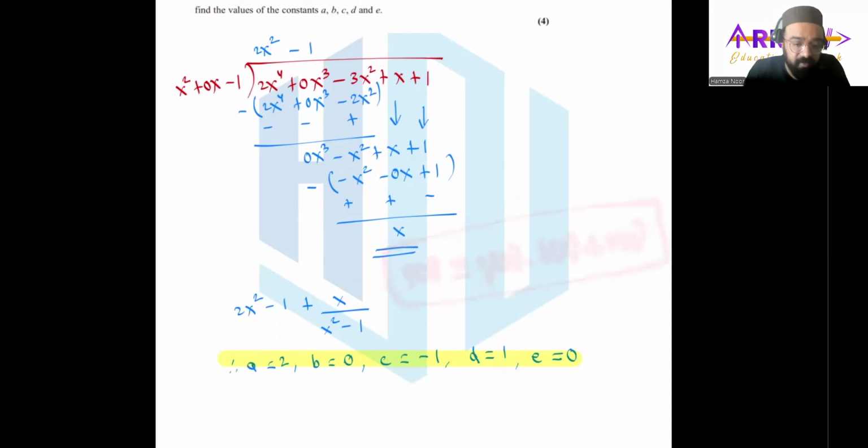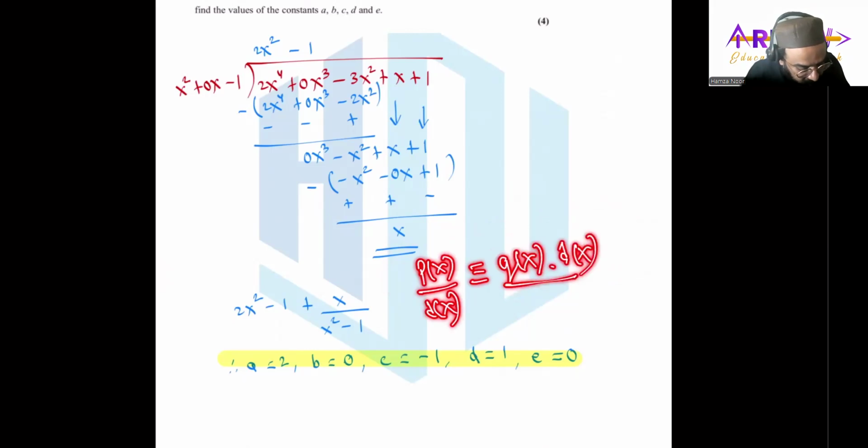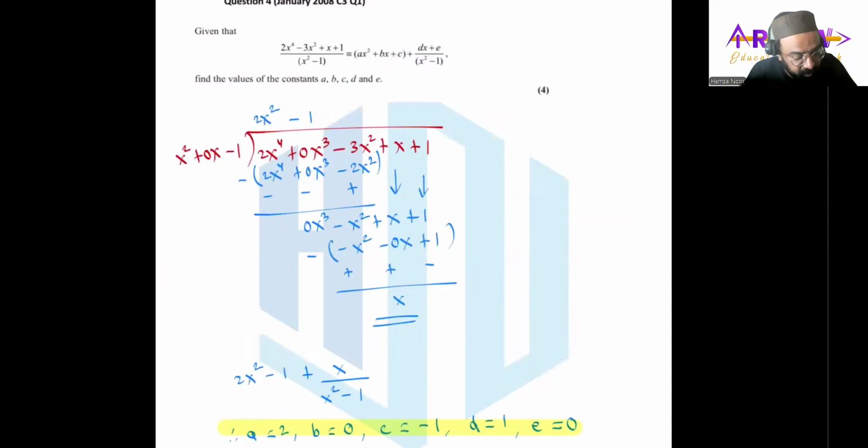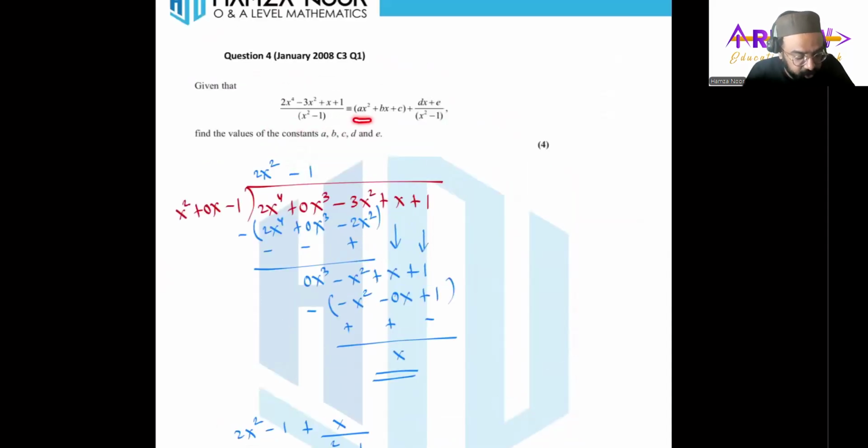So by multiplying 1 over divisor, this will become p(x) over d(x), which will be identical to q(x) multiplied by d(x) divided by d(x) plus r(x) divided by d(x). So the divisor got cancelled out and you obtained your identity, that when a polynomial is divided by a divisor, it is quotient plus remainder over divisor.